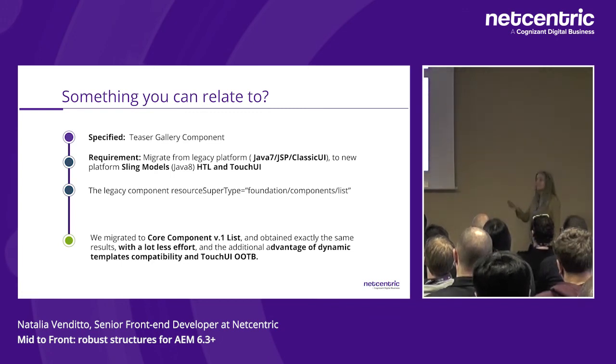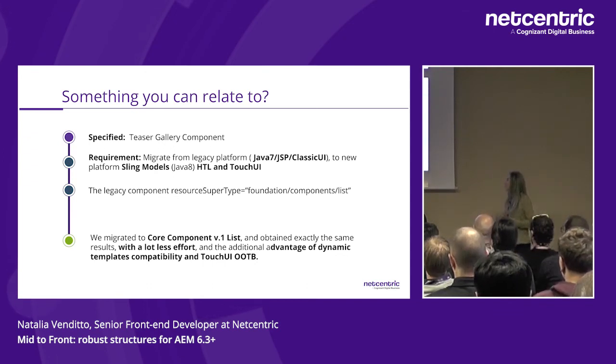So we had, for example, this requirement. We had a teaser gallery component. The requirement was to migrate it from a legacy platform in Java 7, JSP, Classic UI, to a new platform using Sling Models, Java, HTL, and TouchUI.